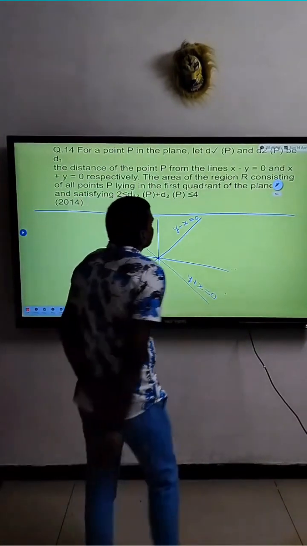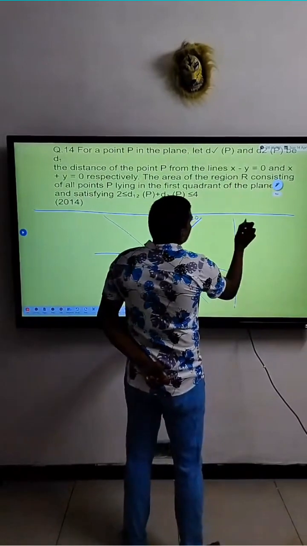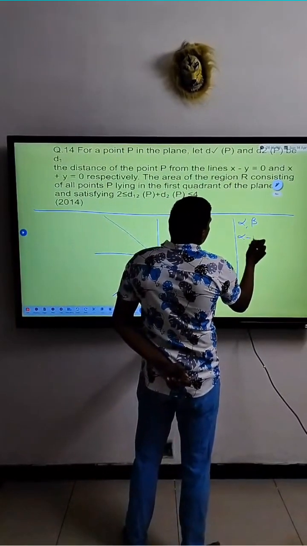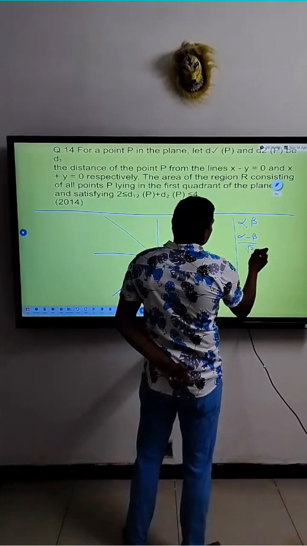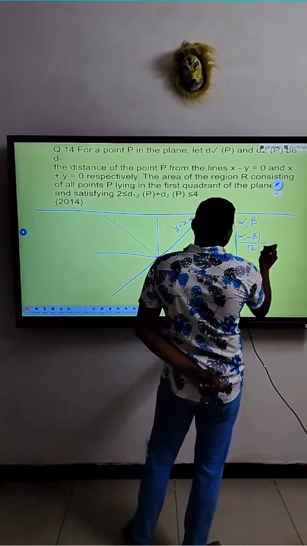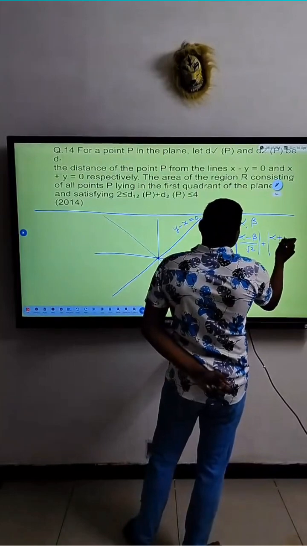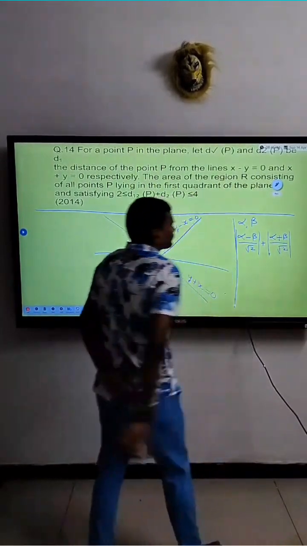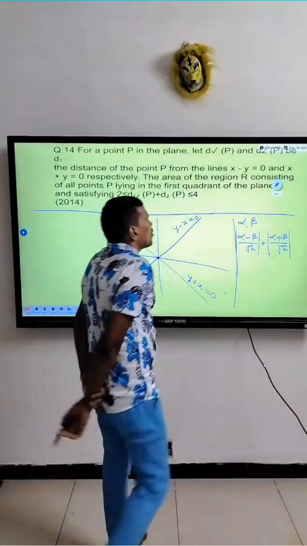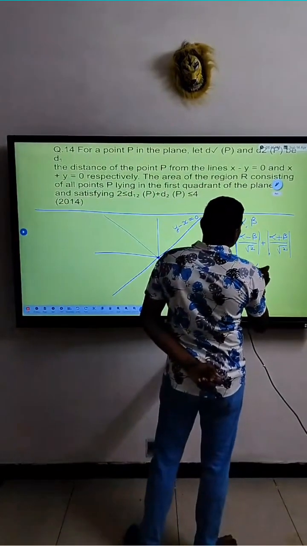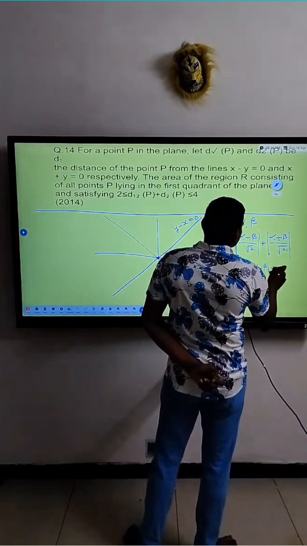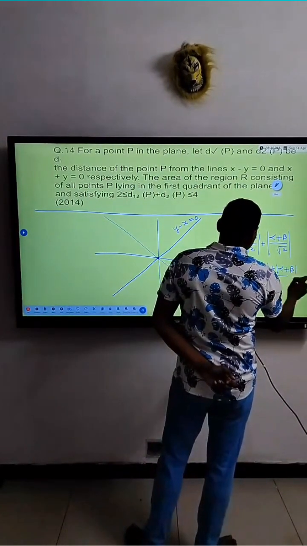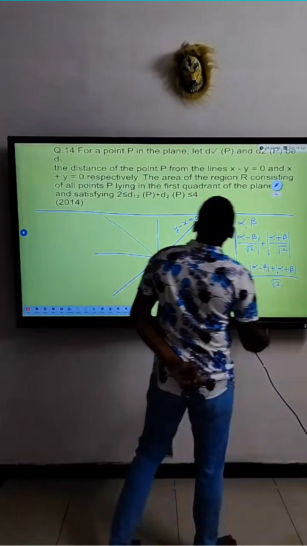Suppose we are taking the point to be alpha comma beta, then we will say mod of alpha minus beta by root 2, plus mod of alpha plus beta by root 2, that is mod of alpha minus beta plus mod of alpha plus beta, the whole divided by root 2.